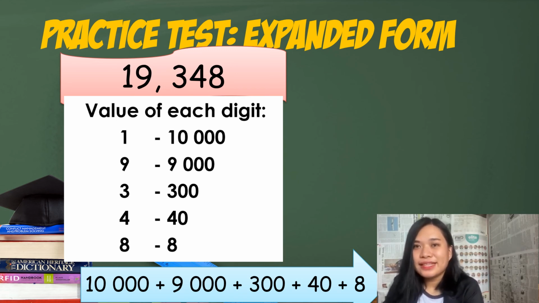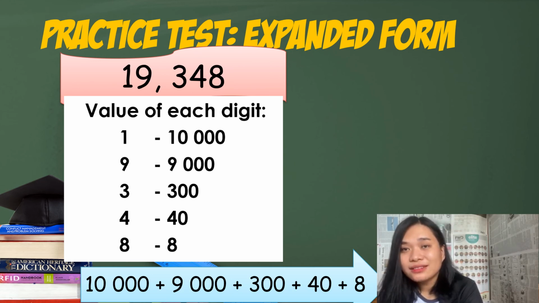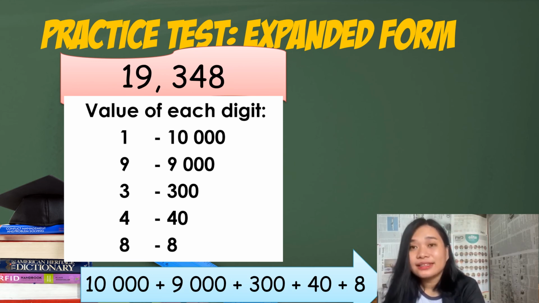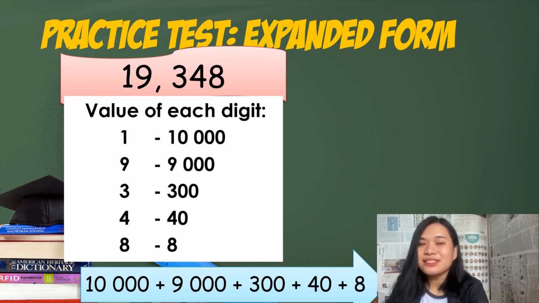Okay, now let's identify the value of each digit. So we have 1, we have 10,000, 9,000, 300, 40, 8. We now express it in expanded form.